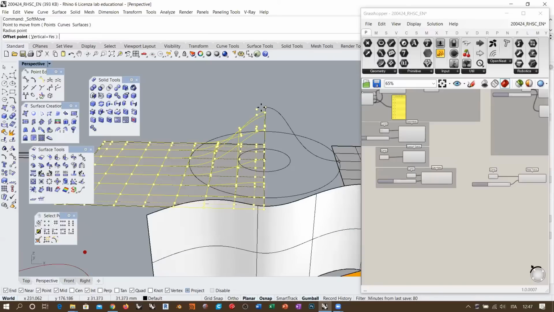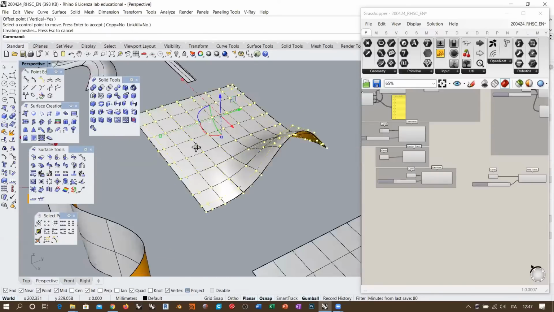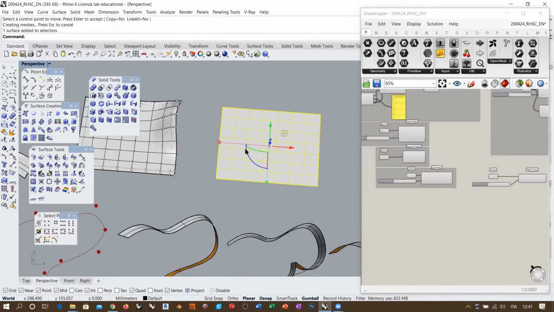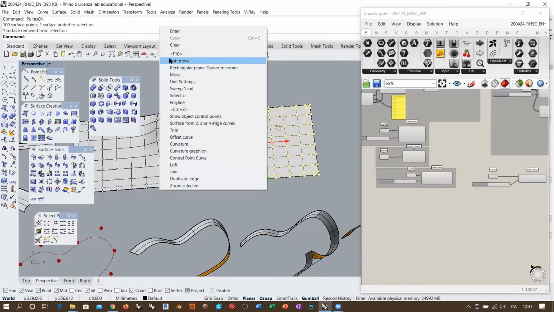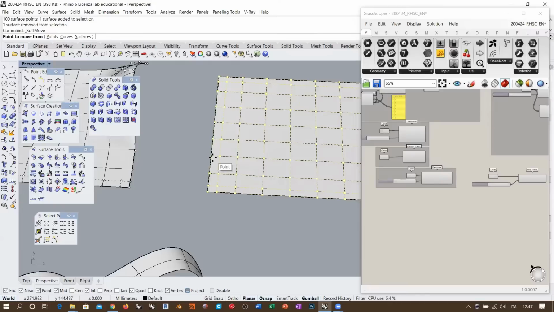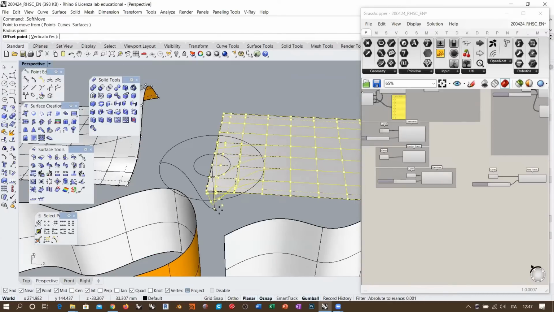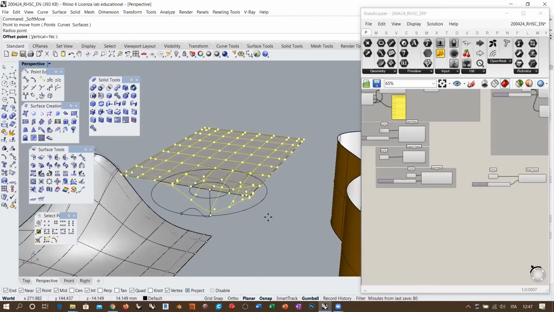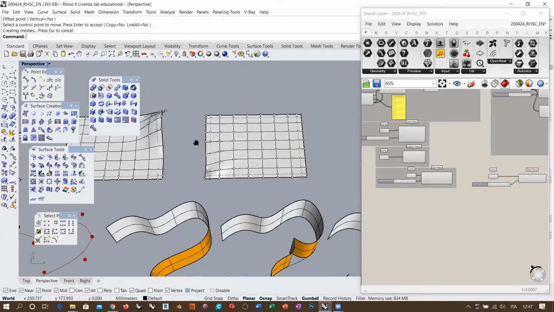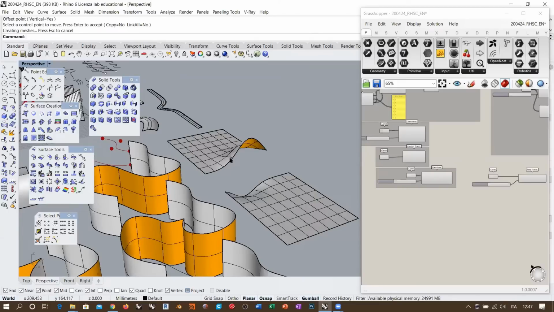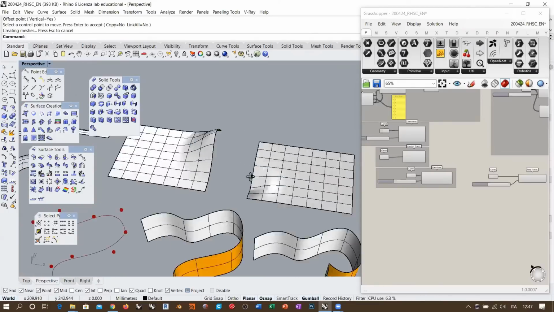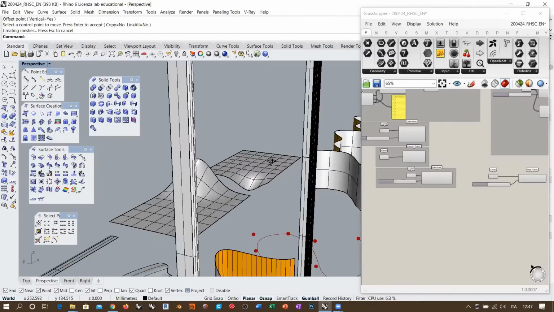Some curvature up, like this. And I'm going to do the same thing here, take all the control points and use the soft move command. But on this other side of the surface, I'm going to create this deformation downward. Okay, so I have two facing surfaces. One has this bulge upward, and one has this depression downward.